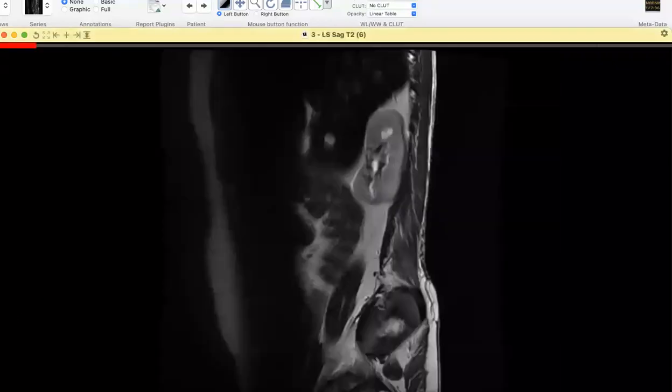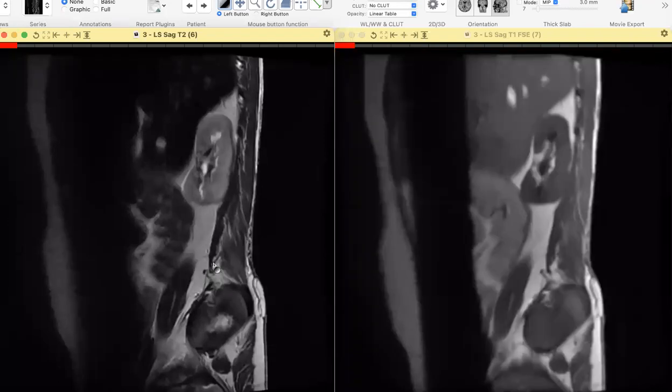Okay, MRI lumbosacral spine was done. Can you request the remote control? Yeah, sure.